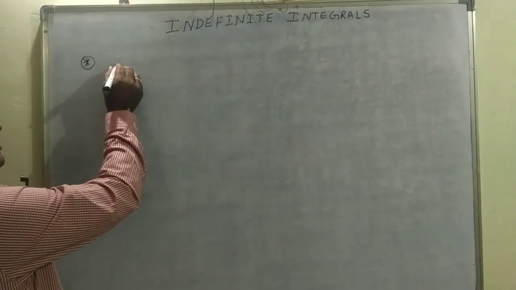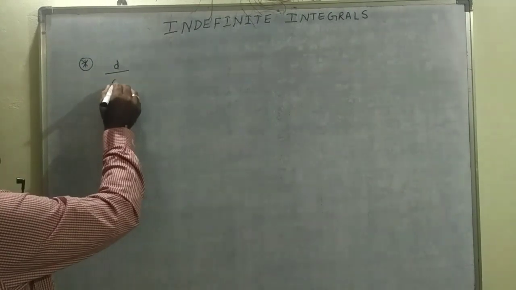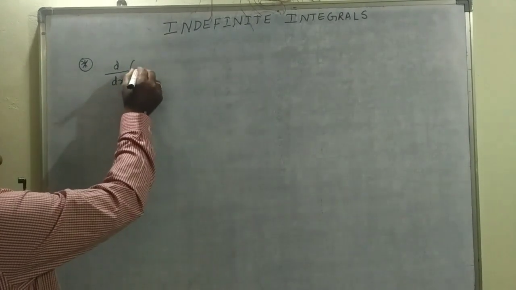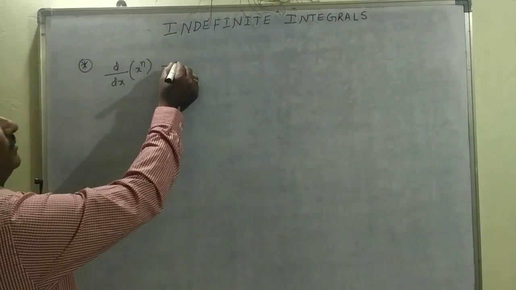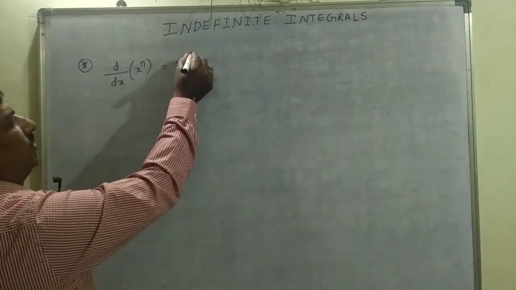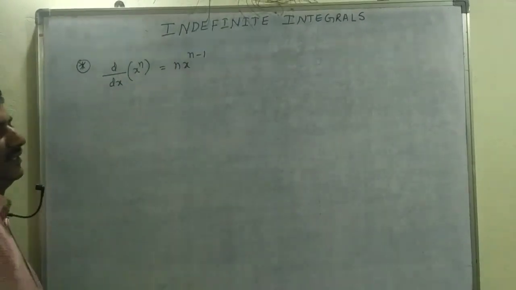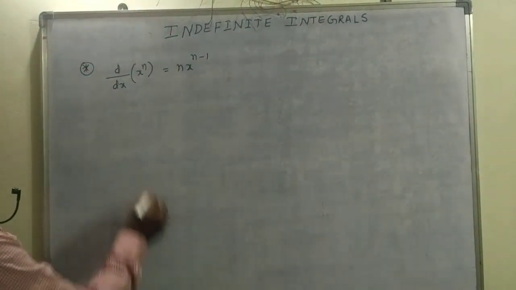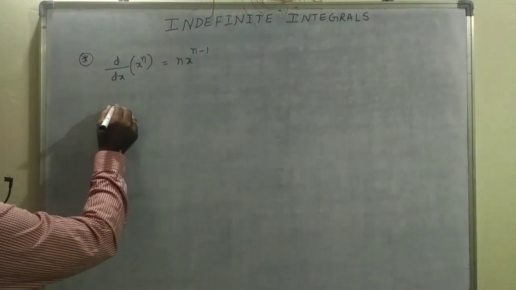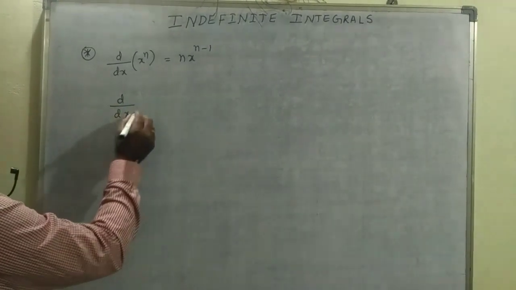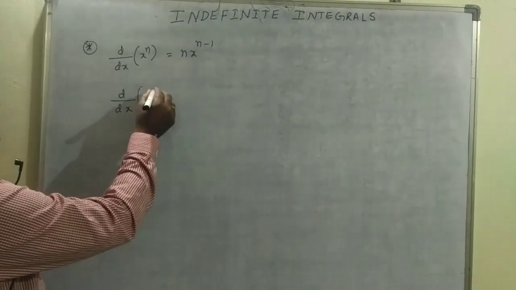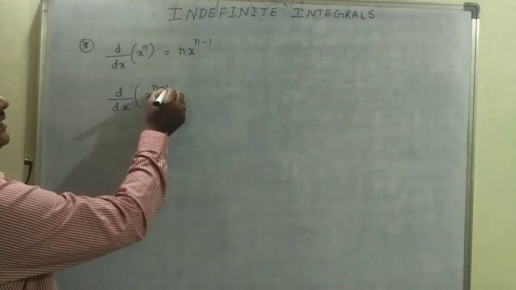First of all, the derivative dy/dx of x to the power of n, we already have the formula: n into x to the power of n minus 1. By using this formula, we can consider one more, dy/dx of x to the power of n plus 1.